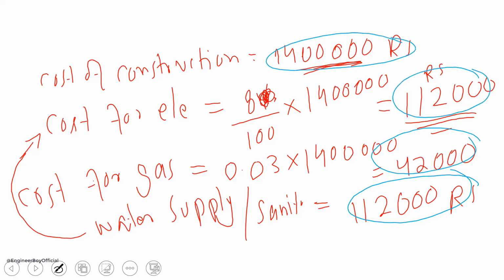Let me add them very quickly: 112000 plus 112000 plus the cost of construction and the rest. So we have the total cost, which is 1666000 rupees.